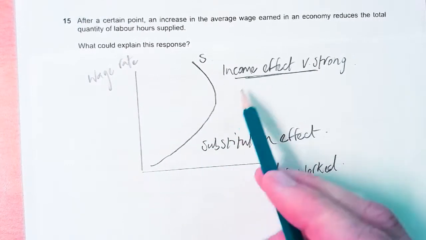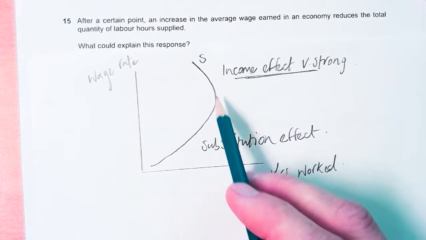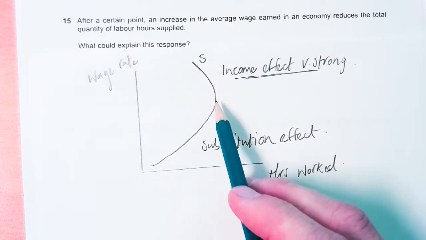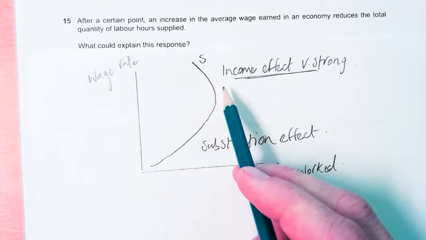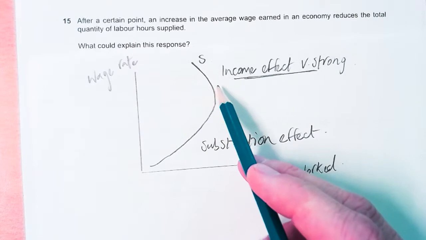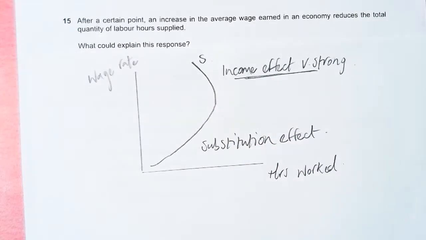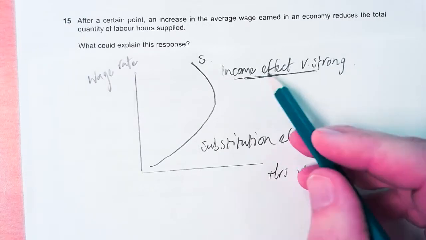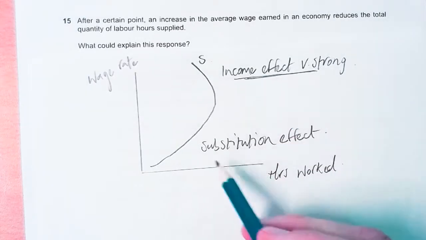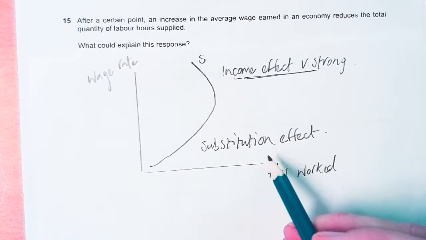But up here you are attaining the level of income that you probably want to achieve, and then you actually start to value your leisure time far more. And further to that, you want to be able to spend some of your income. So the income effect dominates at these levels, whereas the substitution effect would dominate here.